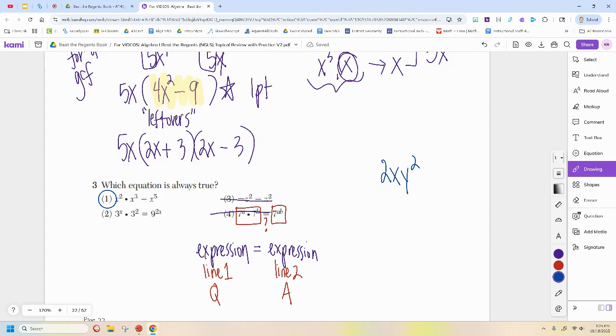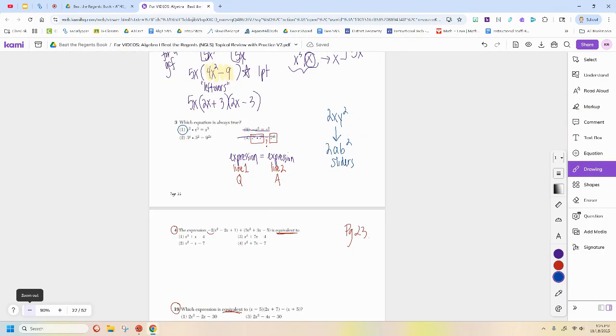The x and the y are together. So what we did is we changed that to 2ab squared, and we got sliders to pop up. And that way we were able to check which things were equivalent. Now, if this is like jamming you up, please understand it's one question, just one.